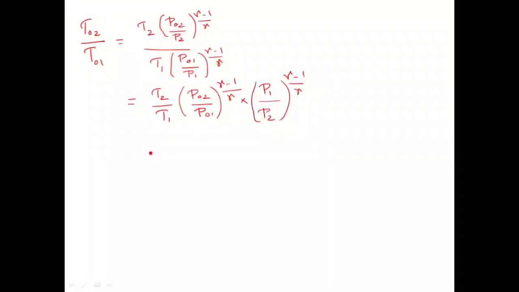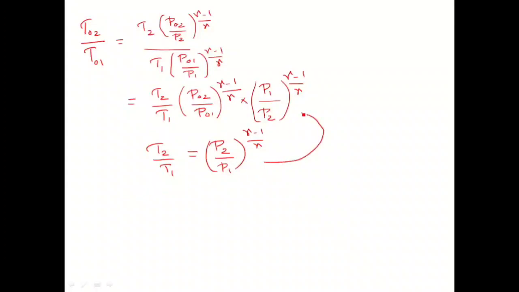Also we know that T2 by T1 is equal to P2 by P1 all raised to gamma minus 1 by gamma.